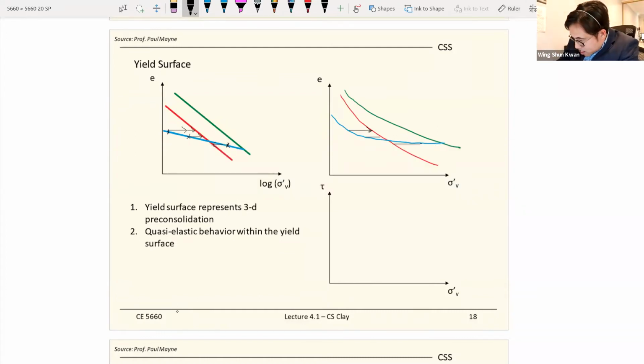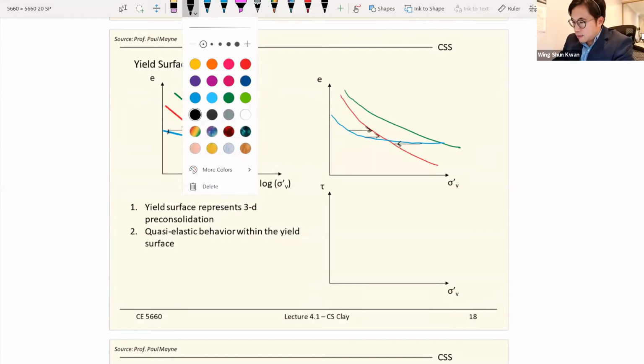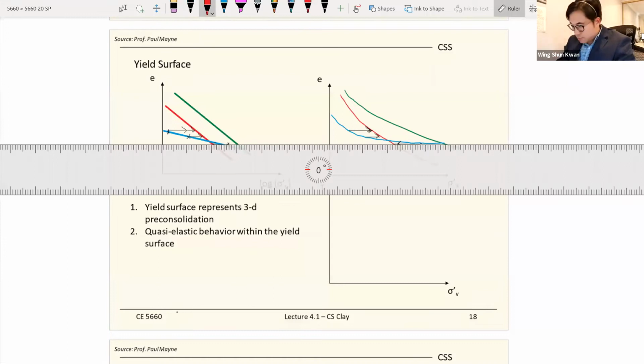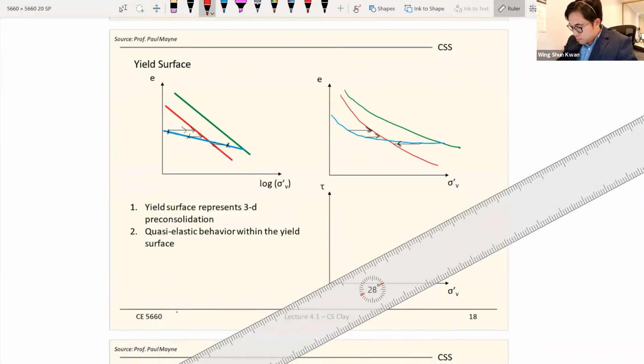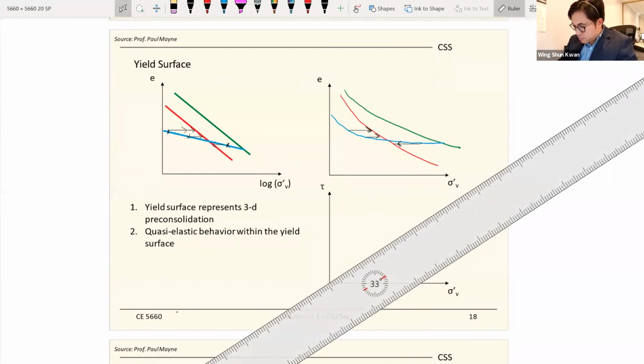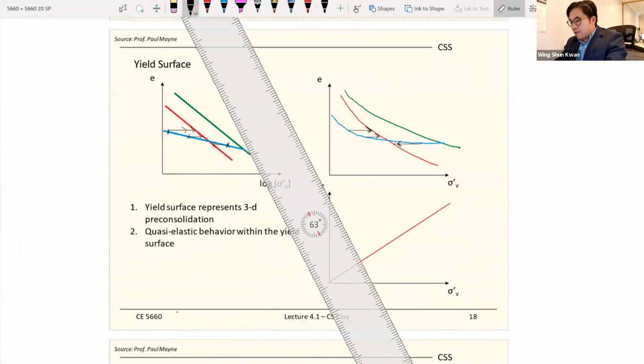So we go this way, and this part will go this way for the stress path. And then you can link with the critical state line. And all the stresses are kind of connected.